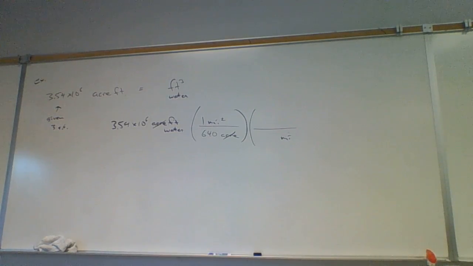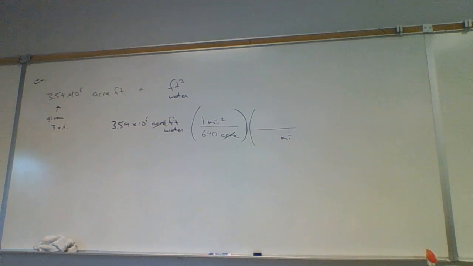In fact, if we look up kilometers to miles, actually, let me go the other way, miles to kilometers. I said 1.6, but it's actually 1.609344. It's not an exact number, it's approximate, so we aren't going to use that.